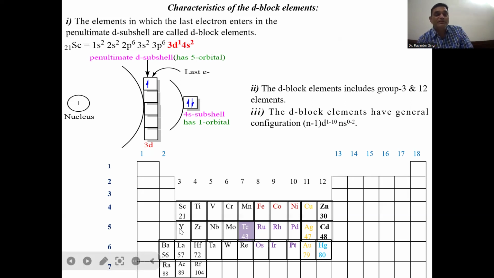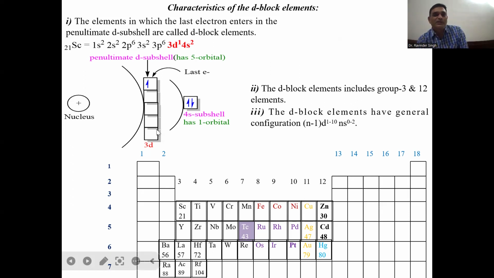The first transition series elements are scandium to zinc. The second transition series elements range from yttrium to cadmium. In that case, there is one more exception relative to the electronic configuration, palladium. What is the way of learning the configuration?